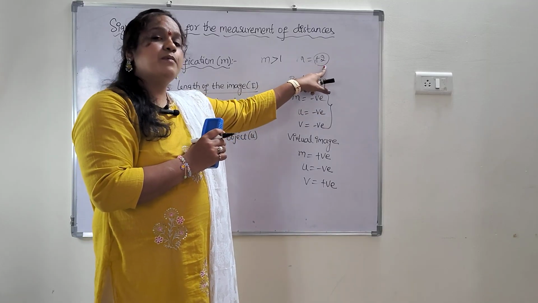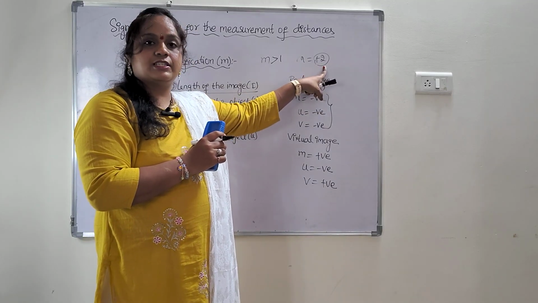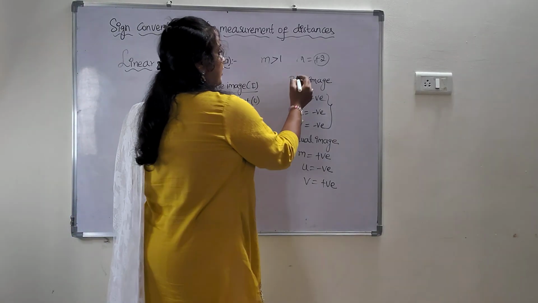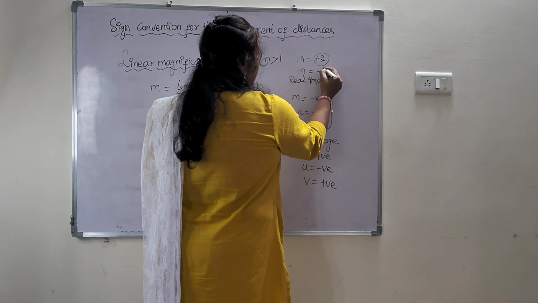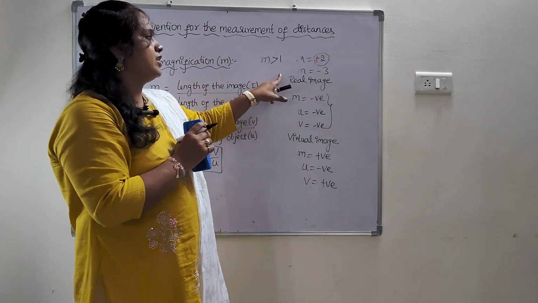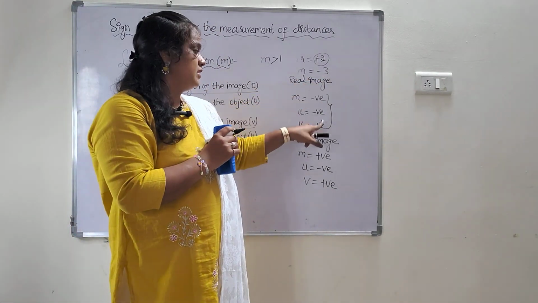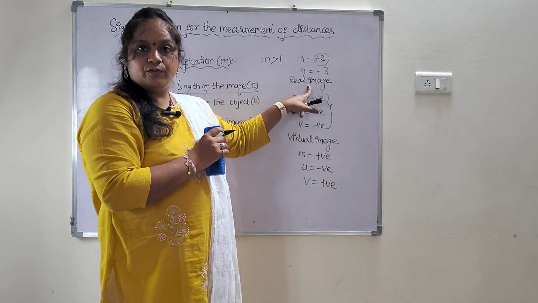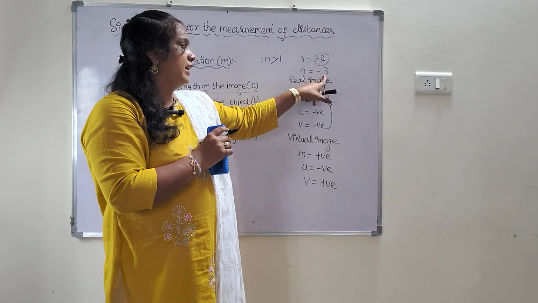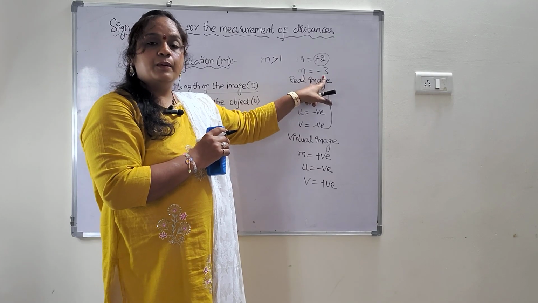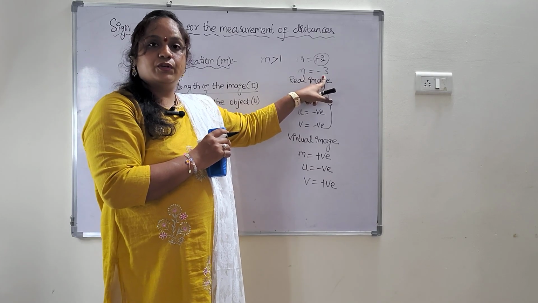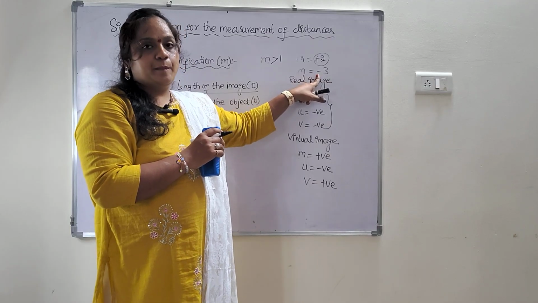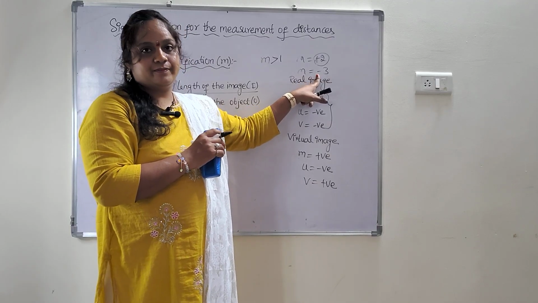If it is greater than 1 we get magnified images; if less than 1, diminished images. Again, for example, magnification is -3. Minus means real image, no? If it is negative, only a real image is going to form. If it is greater than 1, real, inverted and magnified images will form. So from this we can say the nature of the image. This is tip number 3.